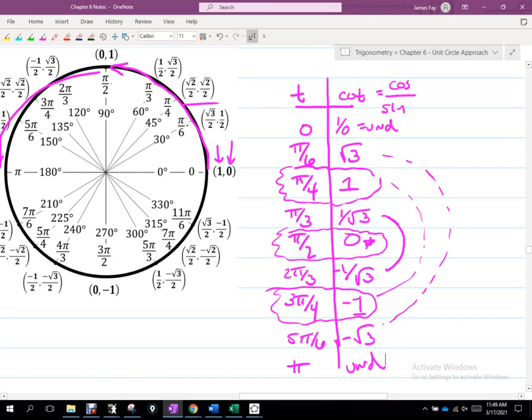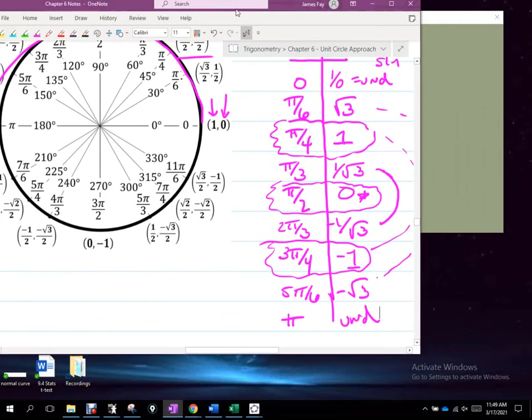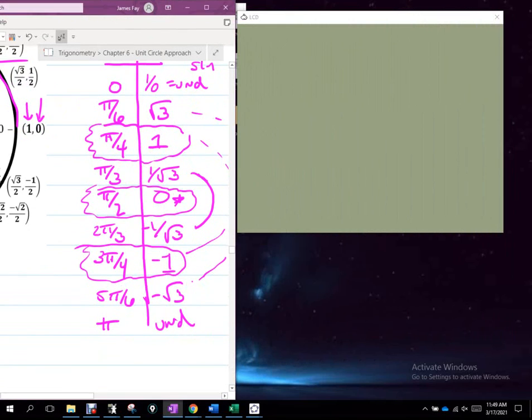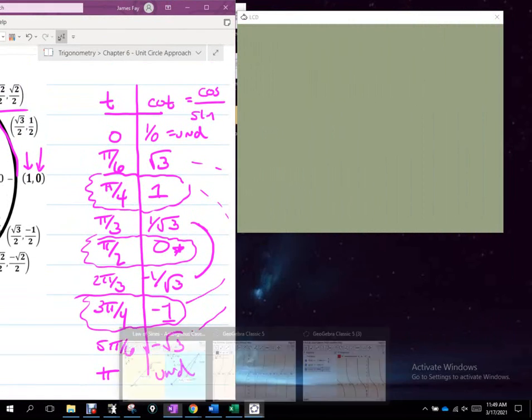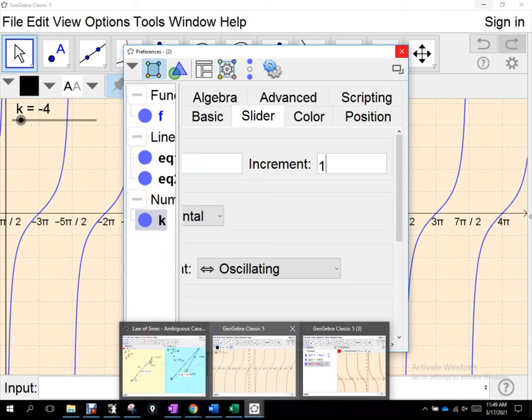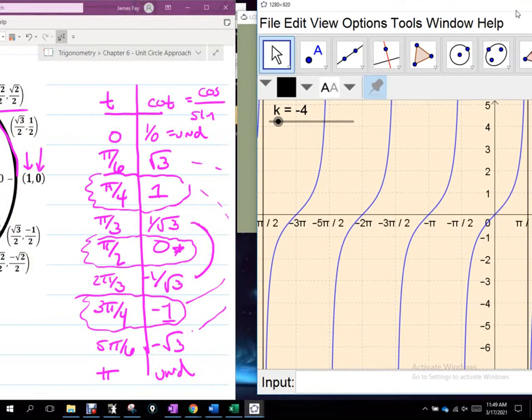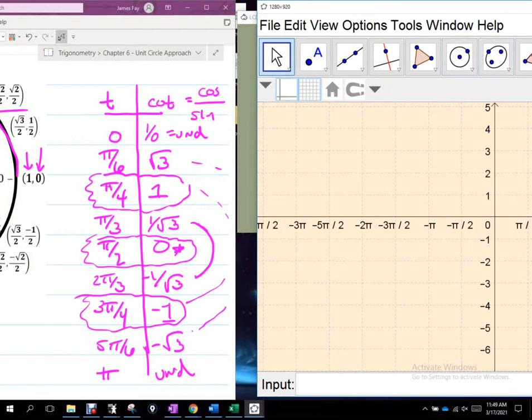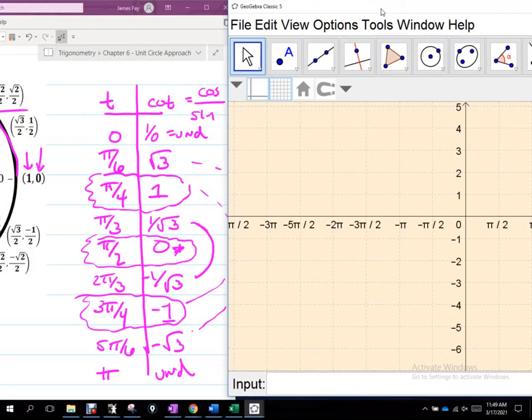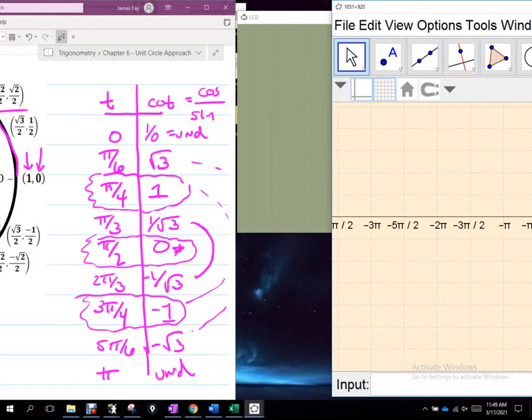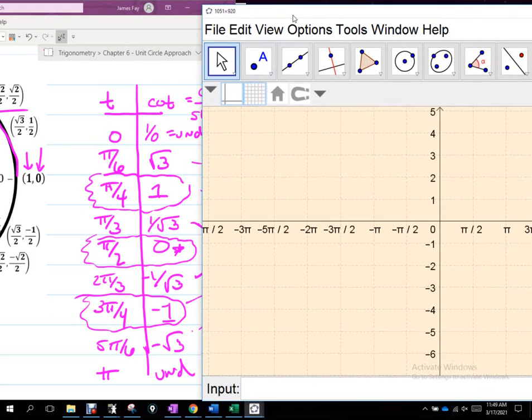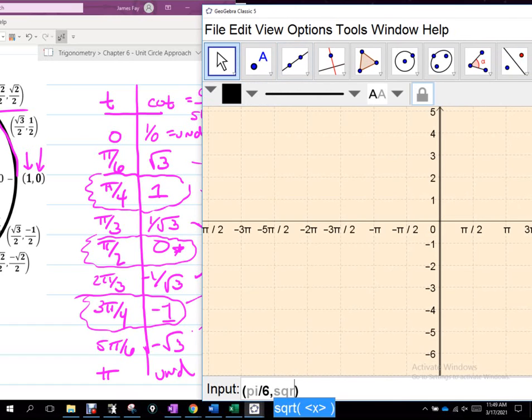Just like we did yesterday, I like to do it this way. You guys are obviously doing it by hand. Just to get you a good visual of the points and make sure things are plotted correctly, I'm going to type this stuff into GeoGebra. So we have undefined at x equals 0. We have pi over 6, comma, root 3.